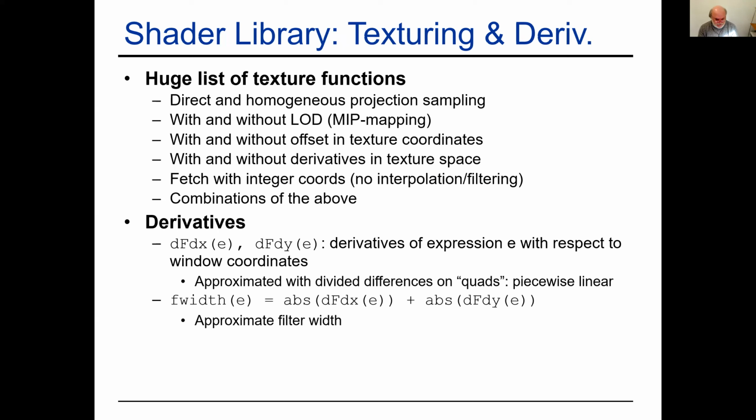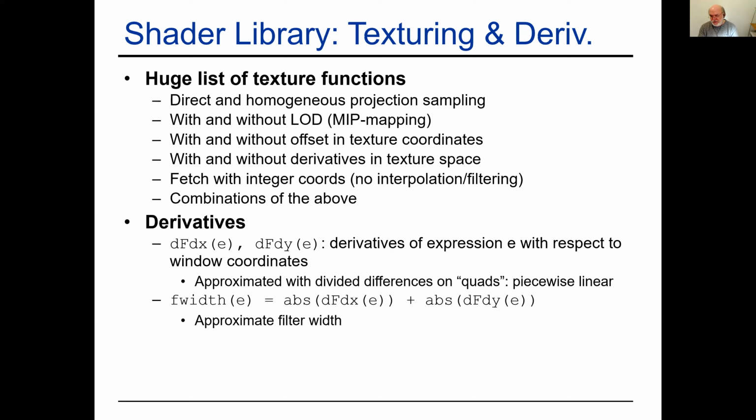There's a huge list of texture functions, too many to really talk about here. So you can directly sample the texture, just giving it the texture coordinates to a 3D texture or whatever. You can also do homogeneous projections. There you can do the texture access together with MIP mapping, taking MIP mapping into account.